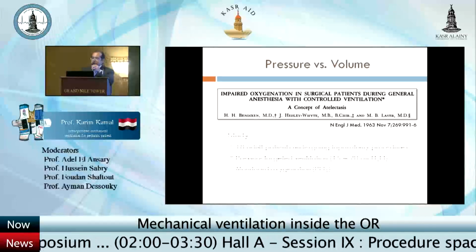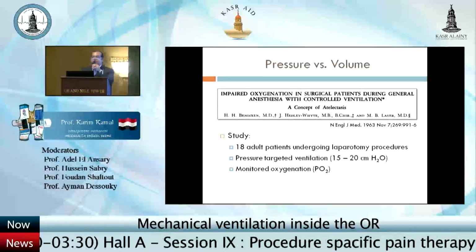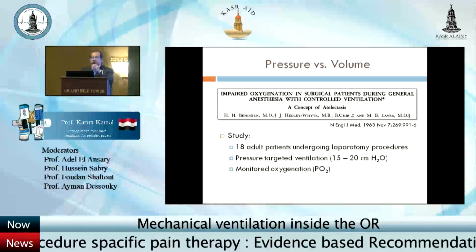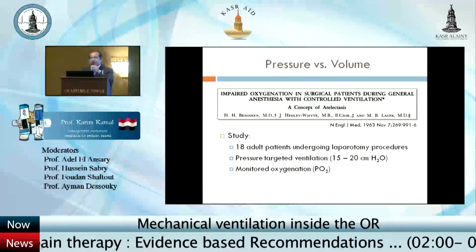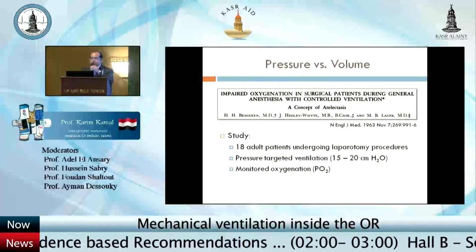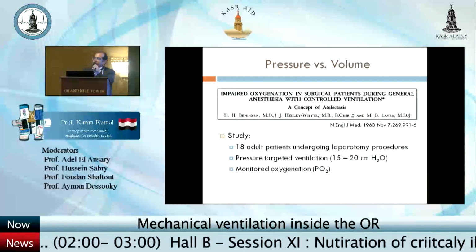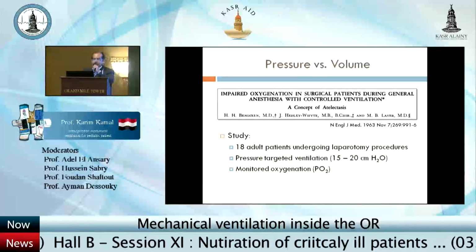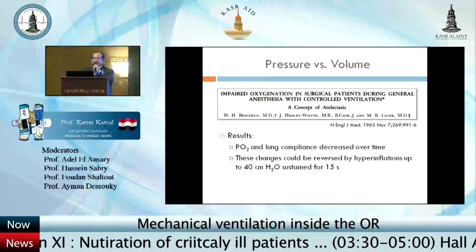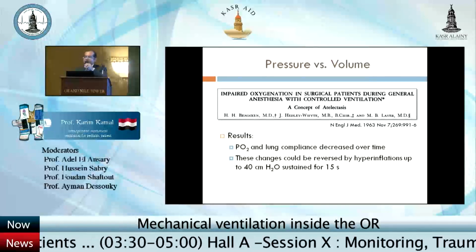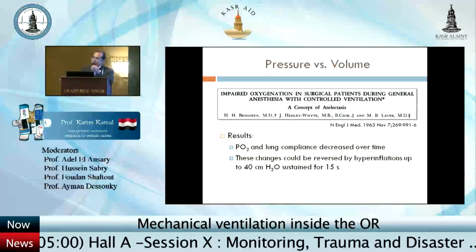What did they do? They studied 18 adult patients undergoing laparotomy procedures. All these patients were ventilated with pressure-targeted ventilation in the range of 15 to 20 centimeter water, and they monitored their oxygenation by looking at their PO2. What did they find? They found that the PO2 and the lung compliance of each of these patients decreased over time.